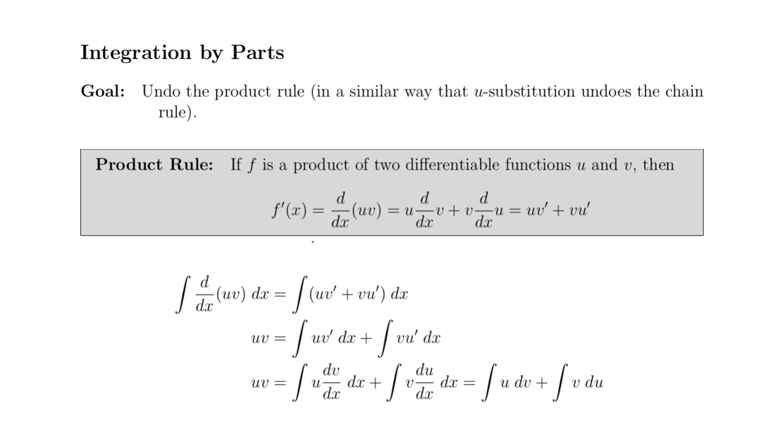If we use the differential notation for those derivatives, you can see that v prime is really dv over dx, and the dx's you can think of like canceling out. And similar, we've got u prime being du over dx, and the dx's can cancel. And so we're just left with u times dv and v times du here. So that's commonly how we write this.